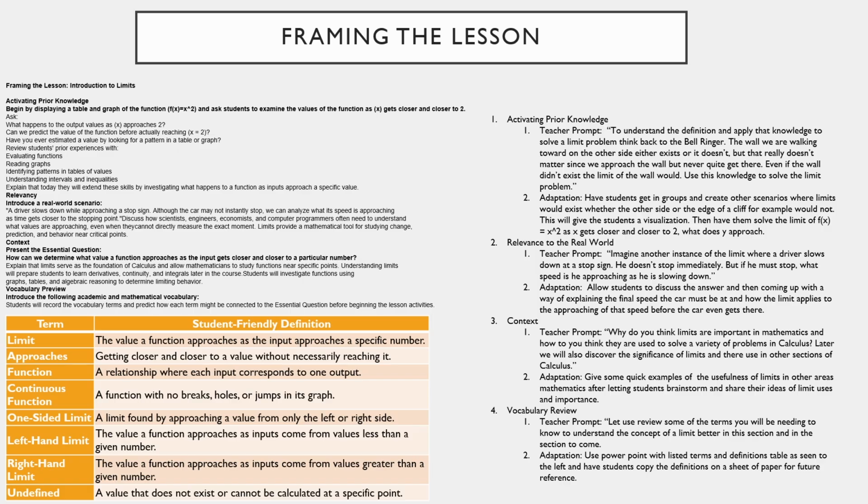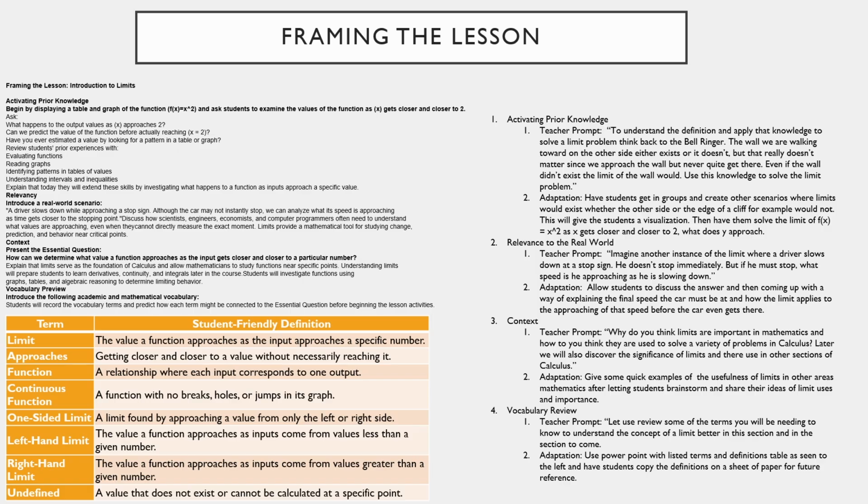The wall we are walking toward on the other side either exists or it doesn't, but the point is that really doesn't matter since we approach the wall but never quite get there. So basically it's saying even if the wall didn't exist, the limit of the wall would. The overall limit, what we're approaching, would still exist. And I would ask the students to use this knowledge to solve the limit problem.